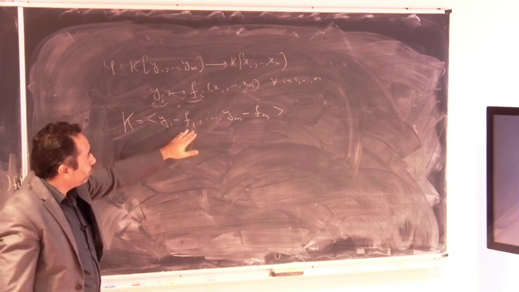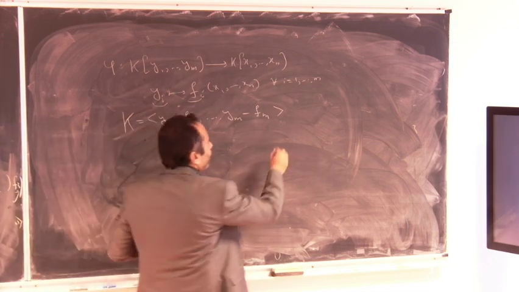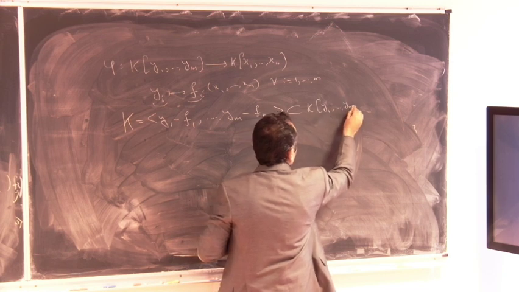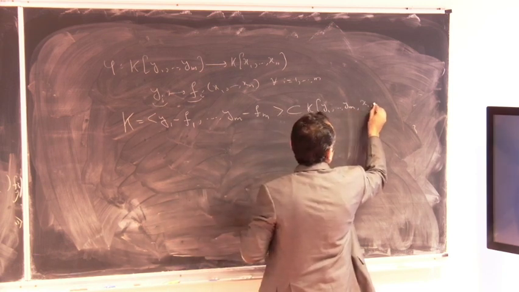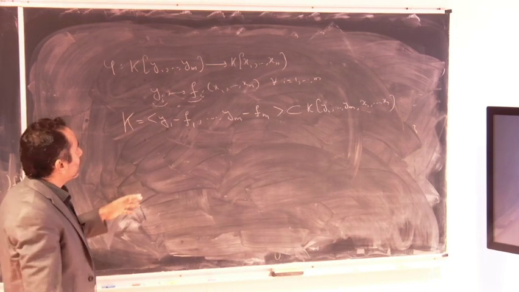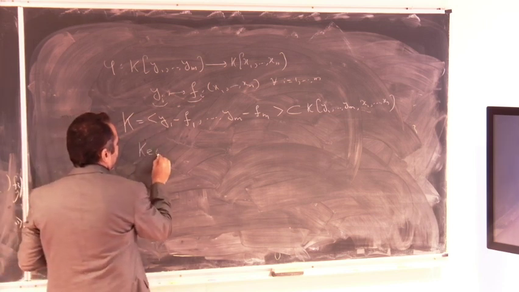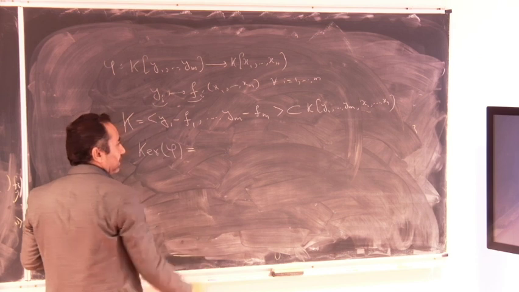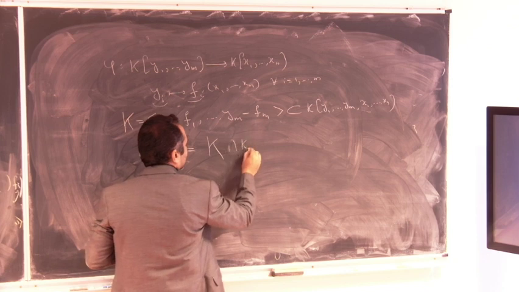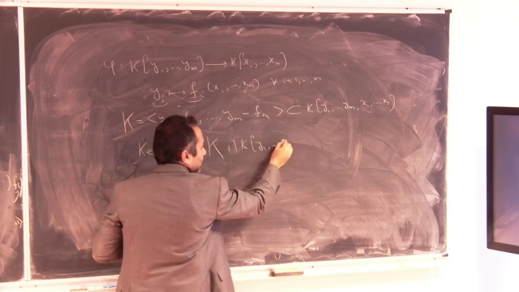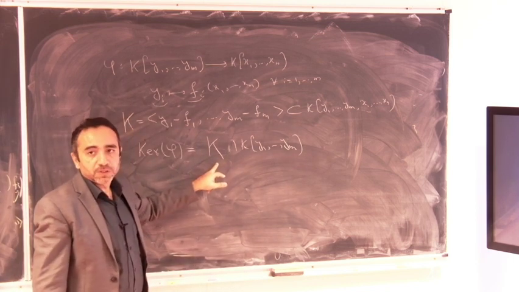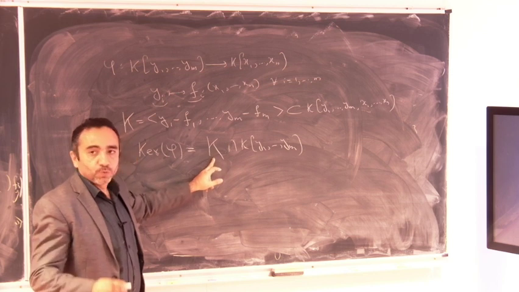So this new ideal lives in the polynomial ring k of y1 up to ym, x1 up to xn, and the result states that the kernel of this map is obtained by just eliminating the x variables from this ideal.